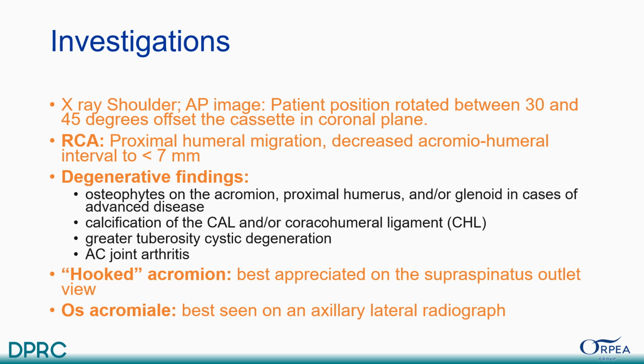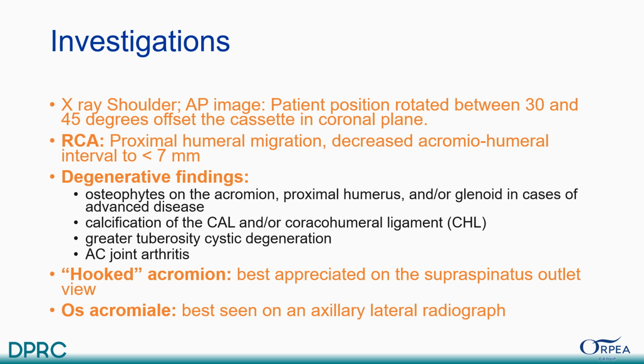So start with a simple investigation like an X-ray of the shoulder, and patient positioning is important for this particular imaging. The patient is rotated between 30 and 40 degrees, and the cassette is offset in the coronal plane. In rotator cuff arthropathy, you would see proximal humeral migration and a decreased acromiohumeral interval of less than 7 millimeters.